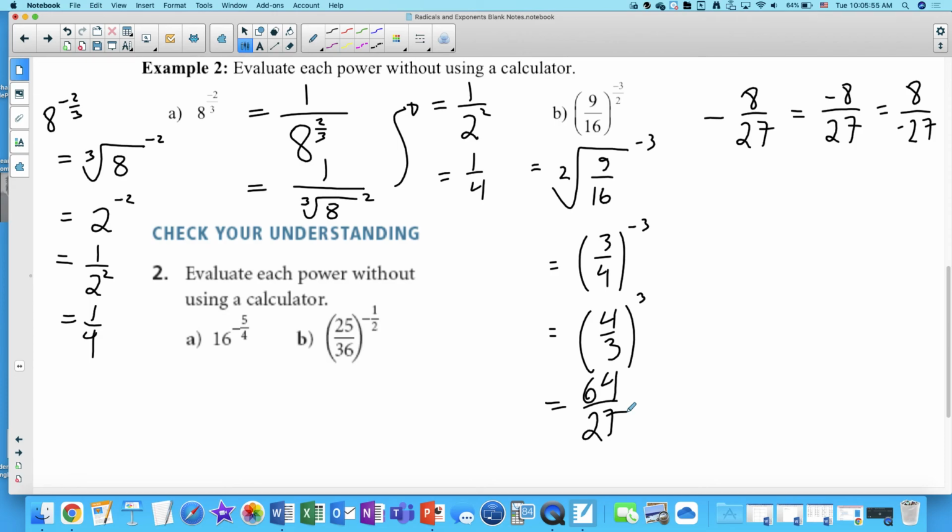right, 9 over 16 to the negative 3 over 2, how would I make this positive? If I want this to be a positive exponent right now, yeah. Would you make the exponent a reciprocal? Okay, so I'm glad you brought that up because that's a super common error. A lot of people will flip this and say it's 9 over 16 to the 2/3, okay?